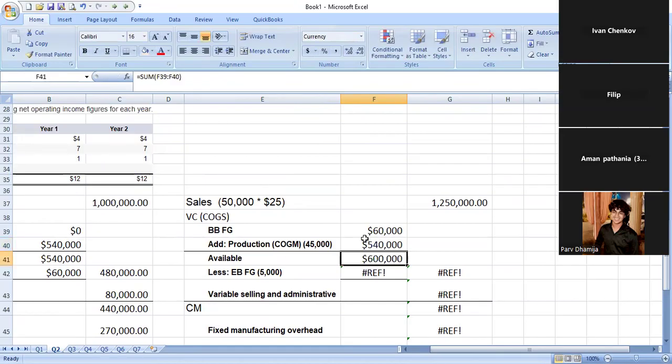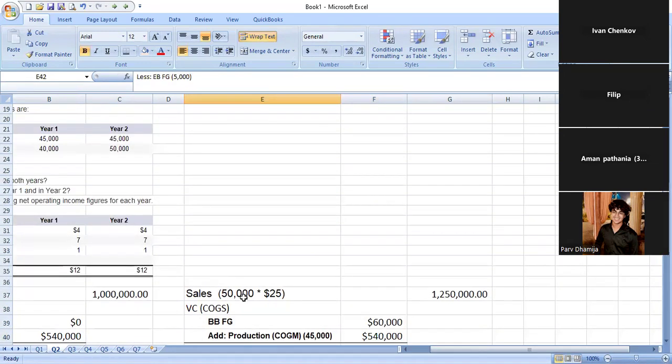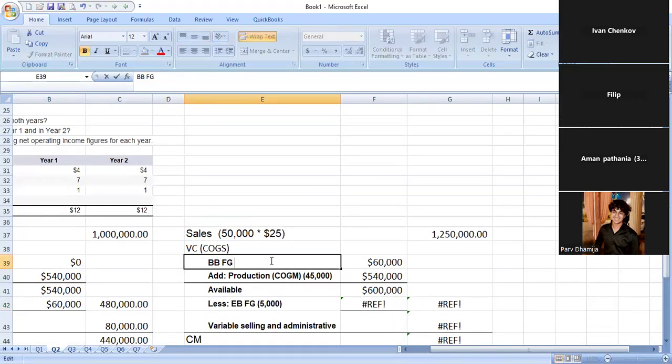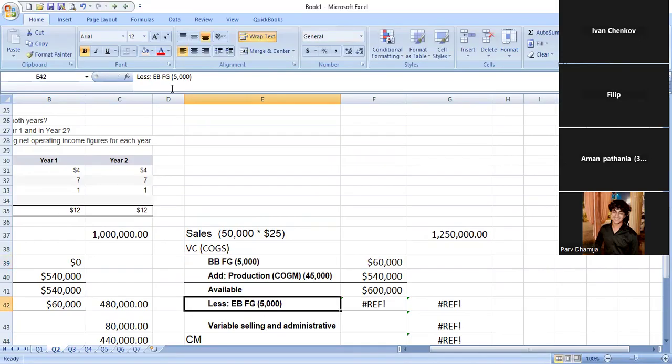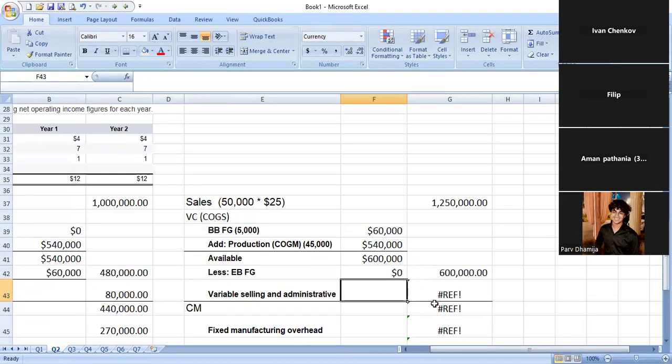That's available. Since we're selling 50,000 here and we start with 5,000, ending balance will be 0. That means all the inventory is gone.